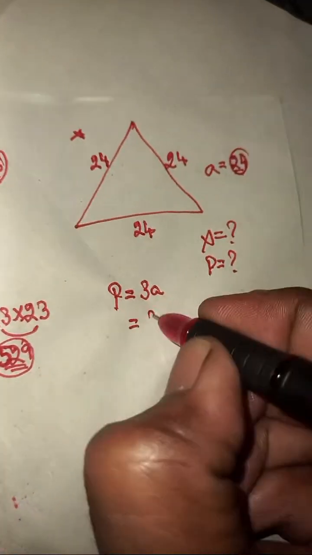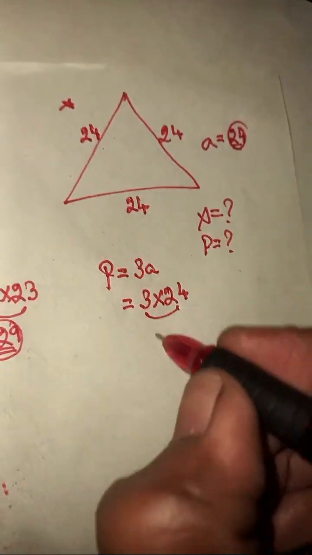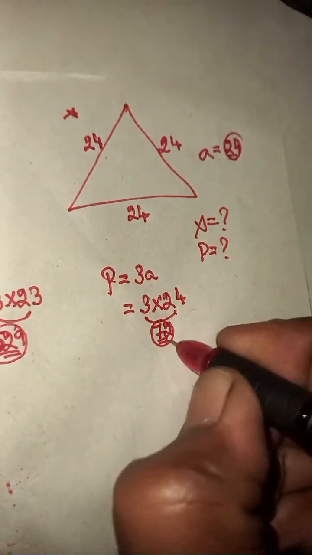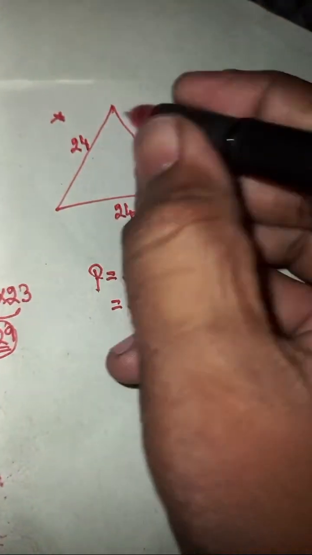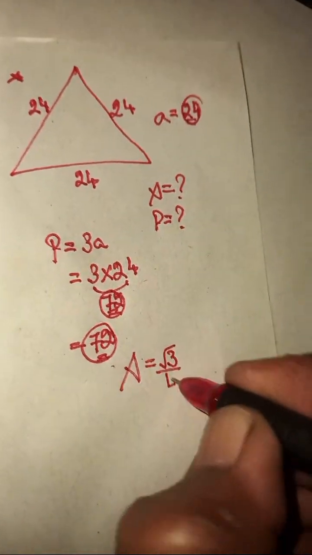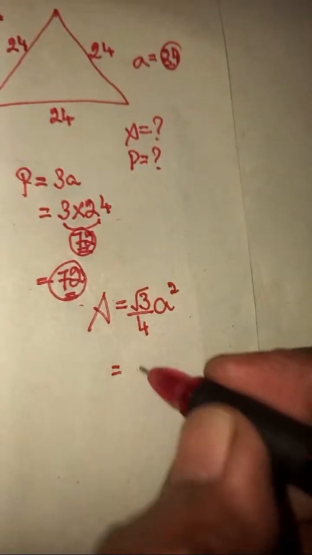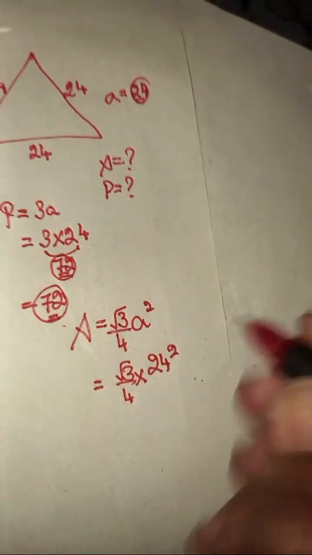So here 3 times 24 units. 3 times 24 is 72. So 72 units is the perimeter of this triangle, and area of this triangle becomes root 3 by 4 a square.